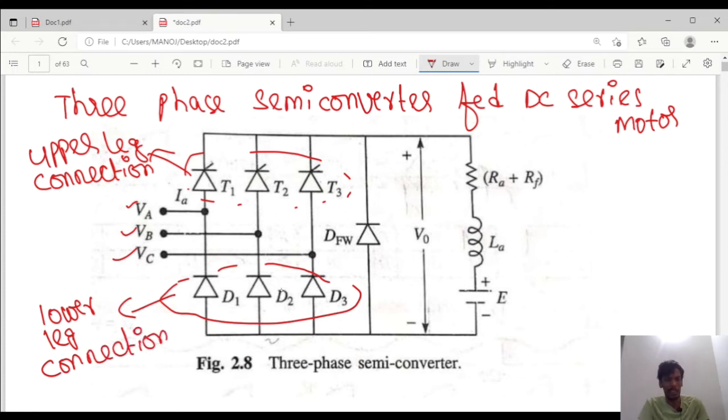These three diodes are also connected in parallel with a freewheeling diode. So this is the freewheeling diode, and it is connected in parallel with RA and RF.